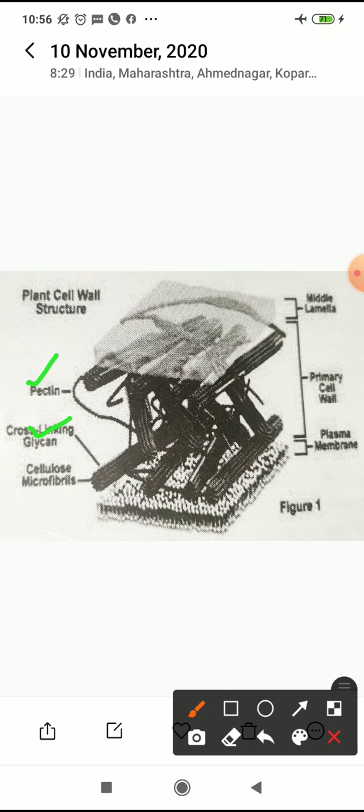Pectic compounds are exceedingly gelatinous and viscous. They swell in water and are found in three forms: insoluble pectose, soluble pectose, and insoluble pectic acid.